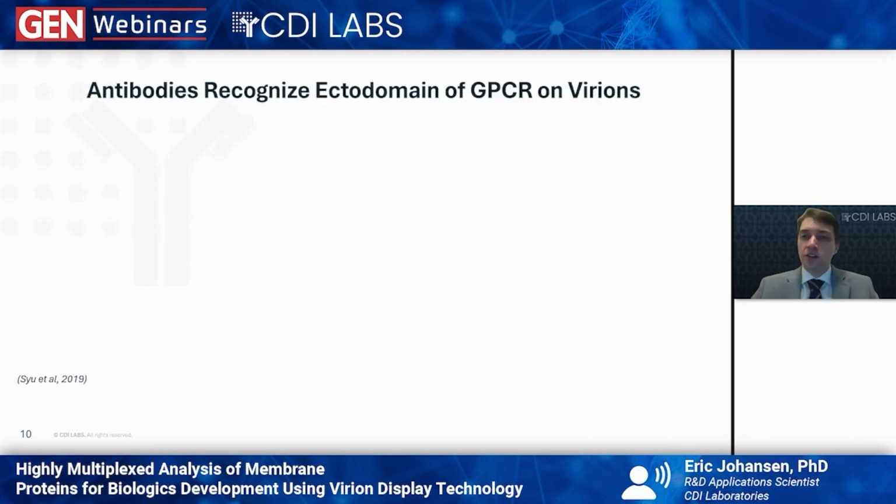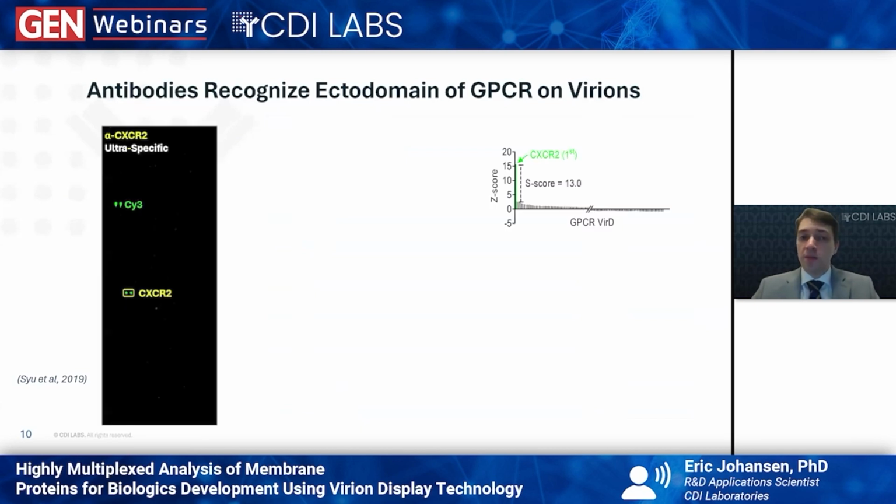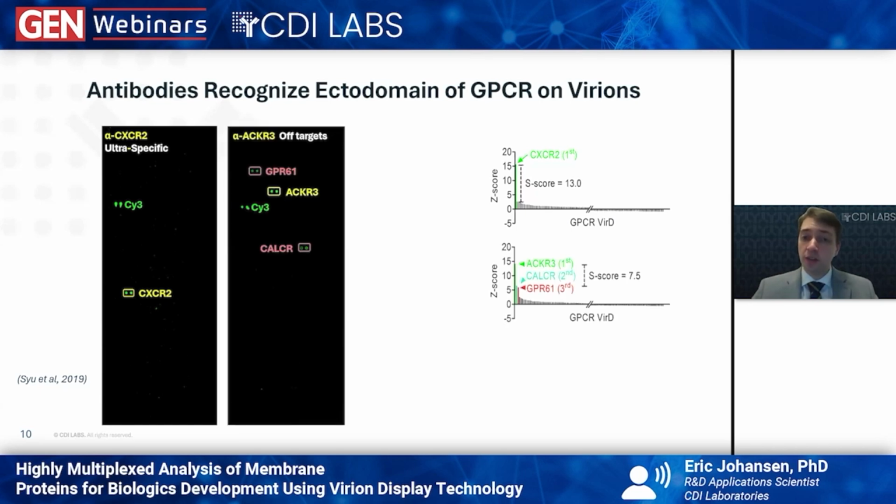There are three categories that we tended to see with this type of screening. The first are those antibodies that are ultra-specific. They bind their intended target with no other cross-reaction to any other type of GPCR. The next were those that specifically bound their intended target and would be our top-ranking Z-score hit, but they had some specific off-target effects as well, as is the case with the ACR3.